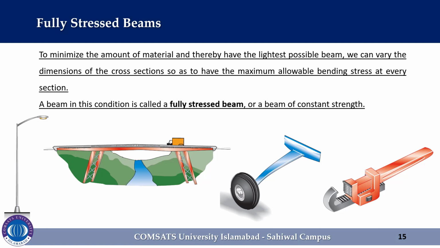Of course, these ideal conditions are seldom attained because of practical problems in constructing the beam and the possibility of the loading being different from those assumed in design. Nevertheless, knowing the properties of a fully stressed beam can be an important aid to the engineer when designing structures for minimum weight. Familiar examples of structures designed to maintain nearly constant maximum stress are leaf springs in automobiles and some of the structures shown in the figure here.